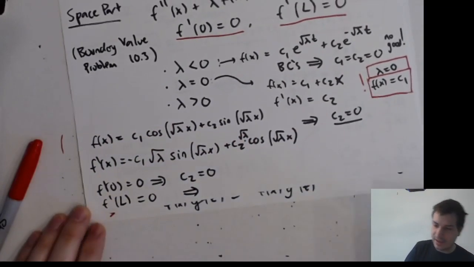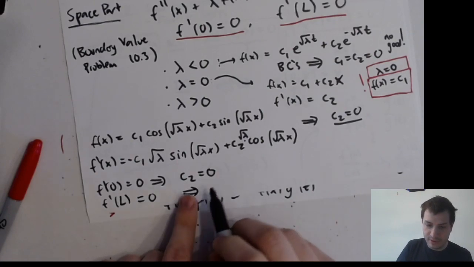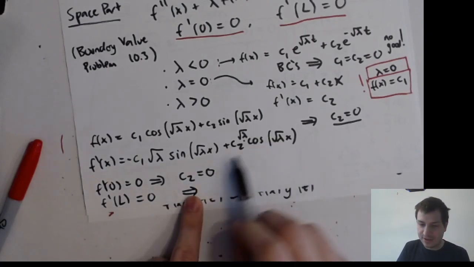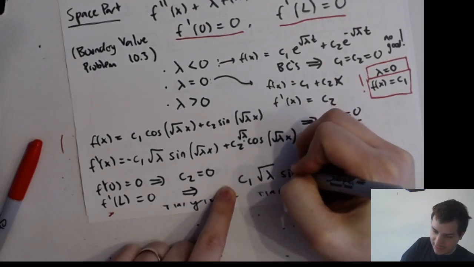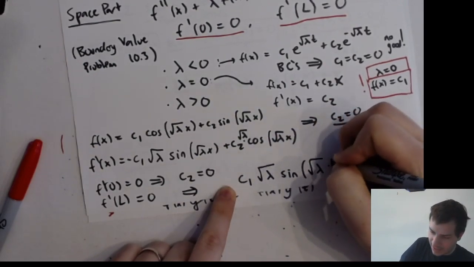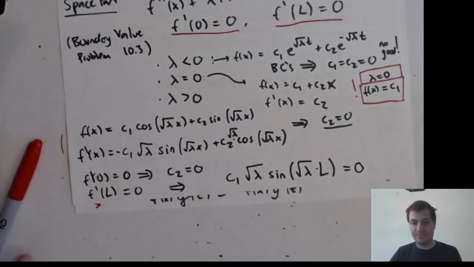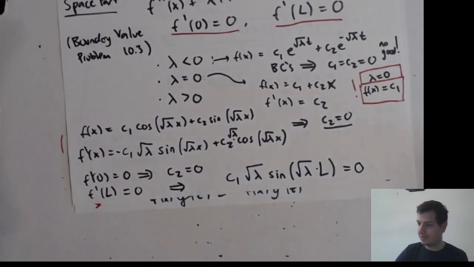And this means that, seeing as how c2 is already 0 from this equation, c1 times the square root of lambda times the sine of square root of lambda times L equals 0. That's the important equation that you get, I guess with a minus sign.